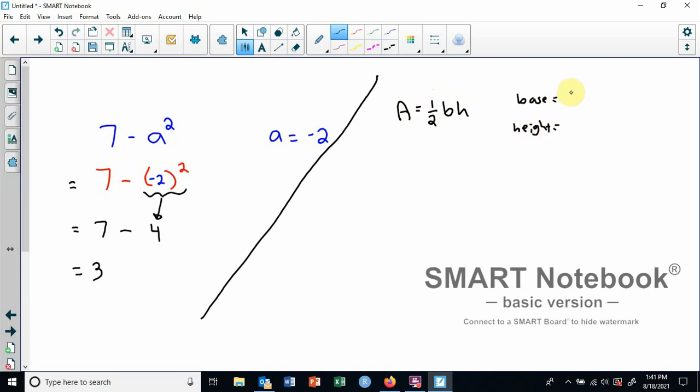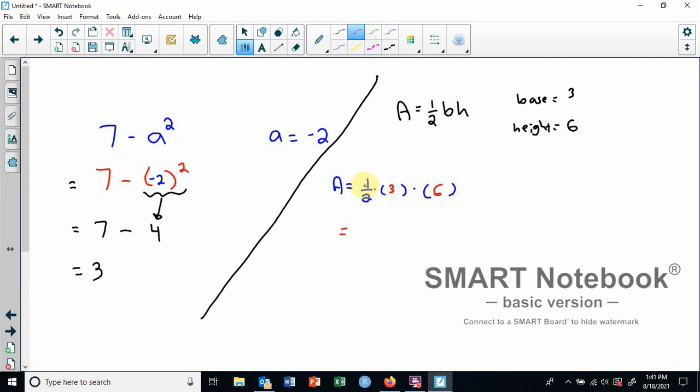So let's see, let's do a base of 3 and a height of 6. Well, we can do this exactly the same way. Area is going to equal 1/2 the base times the height. Let's see, our base is 3, our height is 6, and we need to multiply this through.